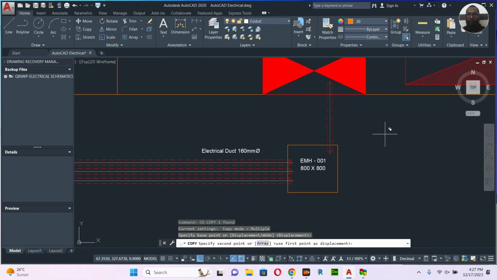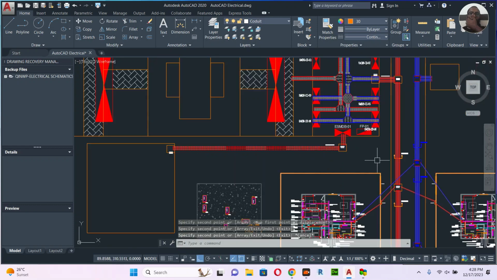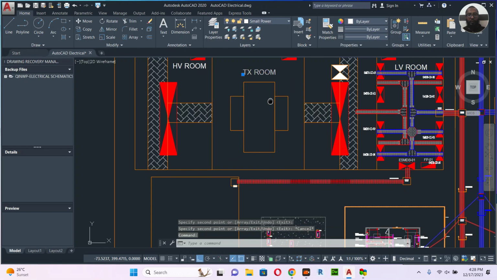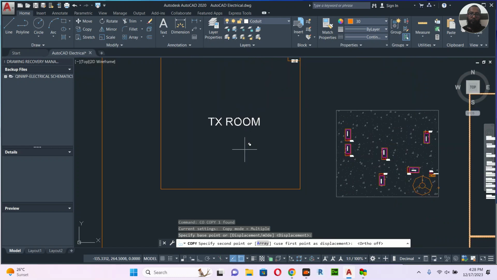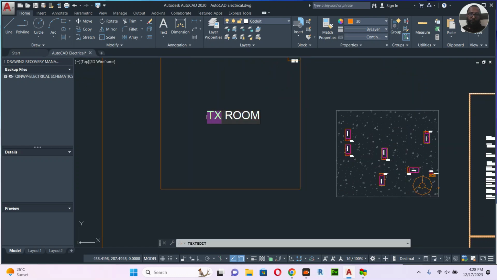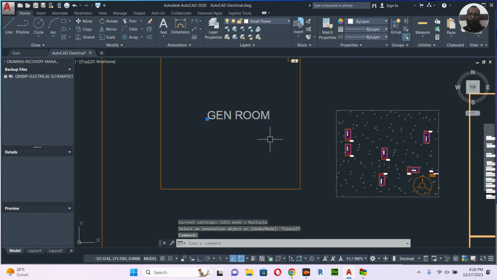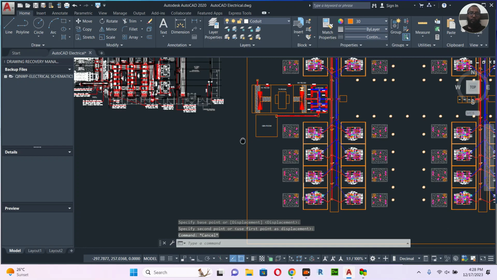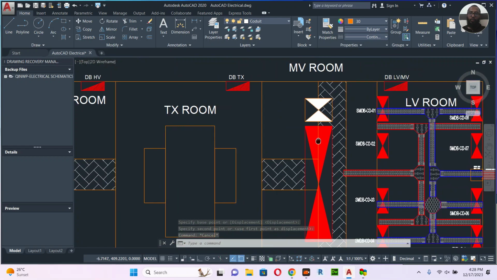Let's make copy 3. Okay, now this one, generator room. So let's make gen room. Okay, now perfect.